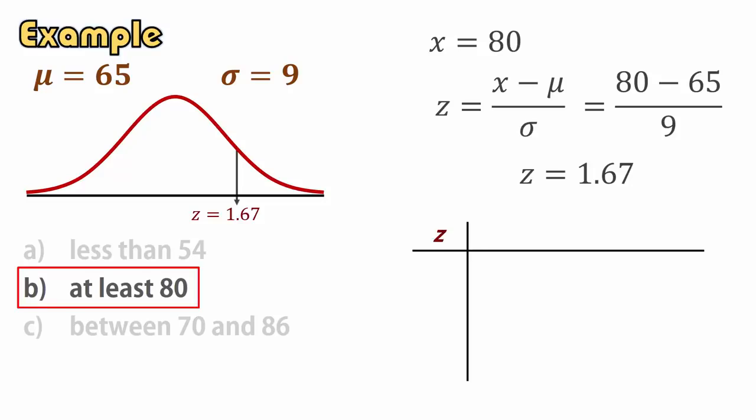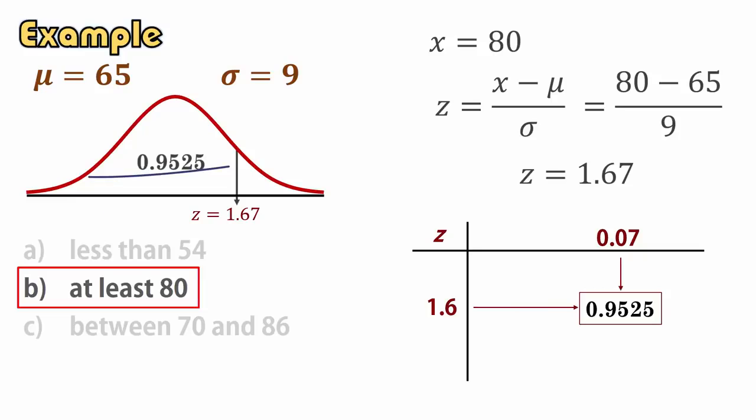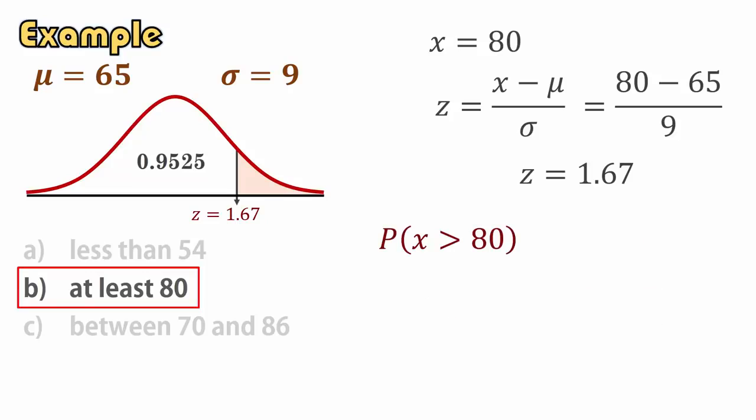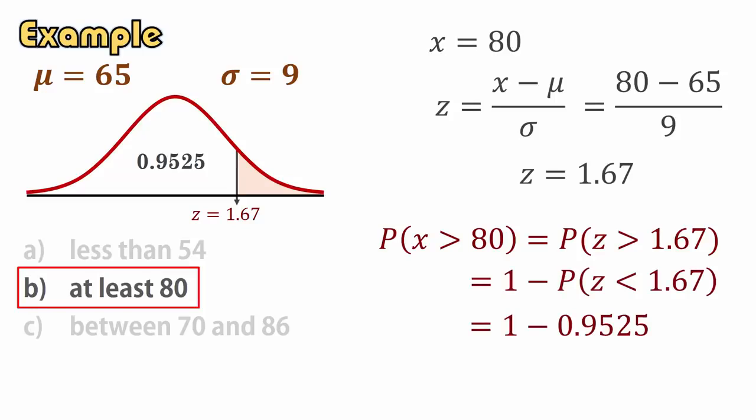When we look that up in the z-table by checking 1.6 under 0.07, we find 0.9525, which is the area to the left of z here. We then subtract it from 1 to obtain the greater than area, since the total area under the curve is 1. Therefore, the probability that x is at least 80 is the probability that z is greater than 1.67, which equals 1 minus 0.9525, giving 0.0475 or 4.75%.